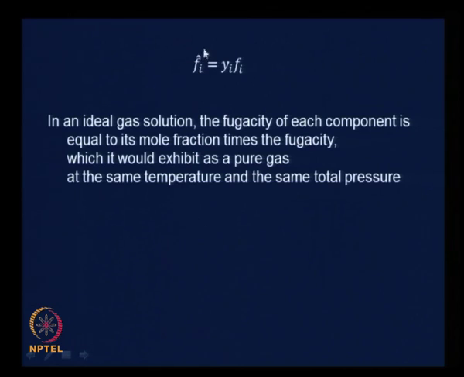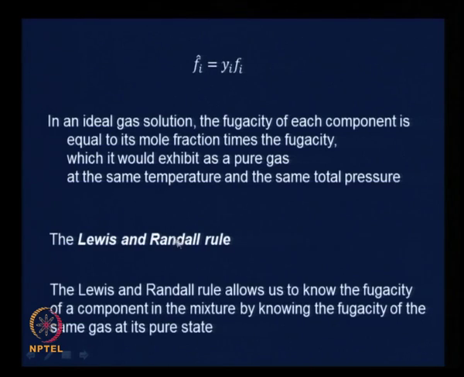It has given us a way of estimating F̂i if Fi is known, and this is called the Lewis and Randall rule, which essentially says that F̂i equals yi times Fi. The rule allows us to know the fugacity of a component in the mixture by knowing the fugacity of the same gas in its pure state, which is quite powerful.